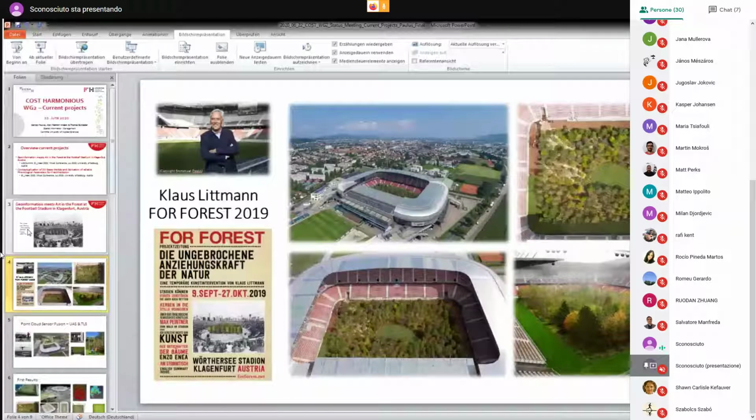And the idea was now to use this art installation, the forestry experimental laboratory, to use different remote sensing methods on the whole area, and also the forest.